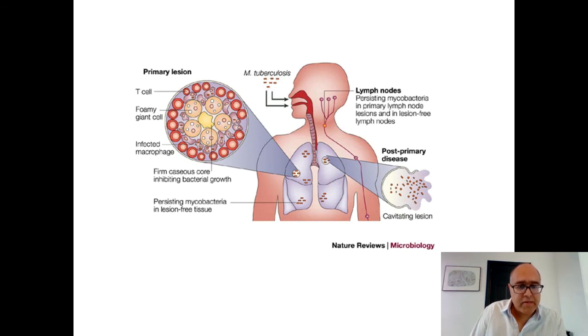This primary lesion becomes made up of a variety of cells, including T cells, giant cells, and infected macrophages. This is a microscopic thing called the primary Ghon focus, which may remain dormant for many, many years. And then at some point it may reactivate to become active TB.